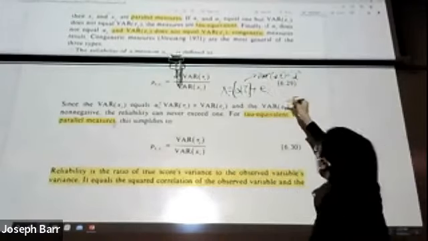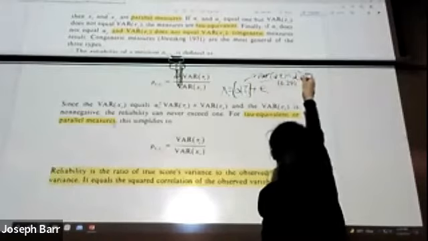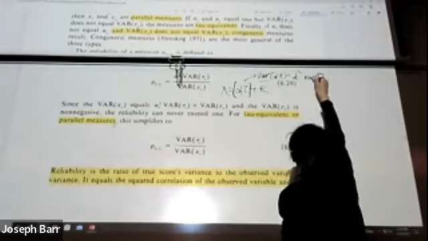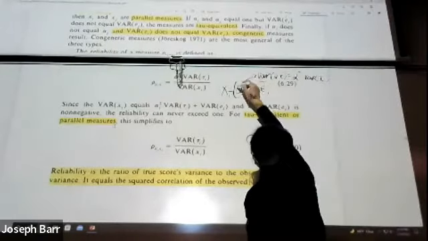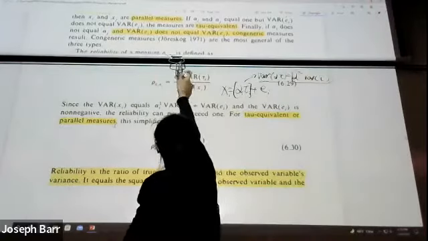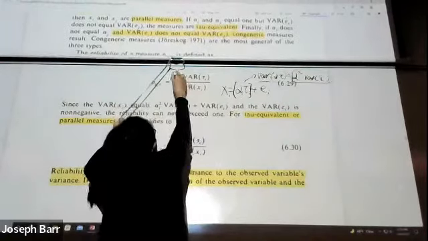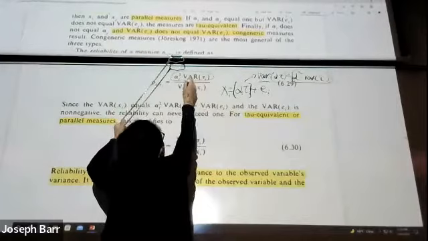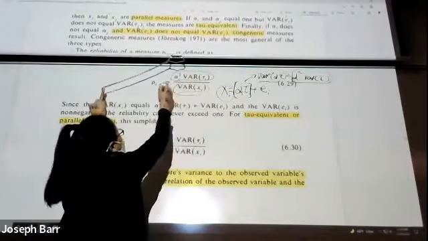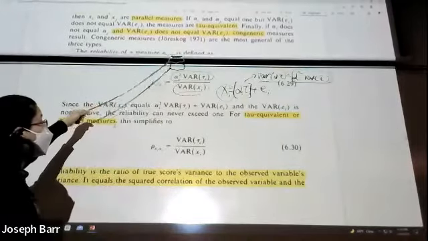This is the true part, the top part. Then we have the raw score, and this is the variance of the raw score. So the ratio is just the reliability.